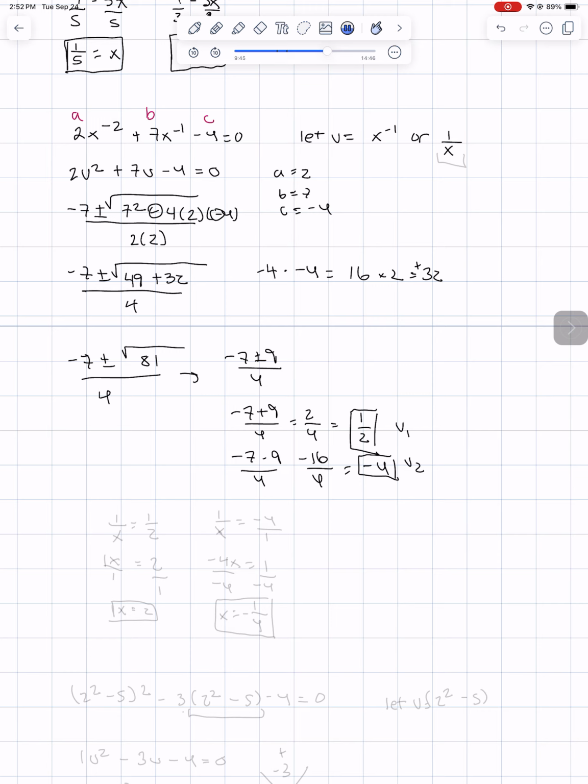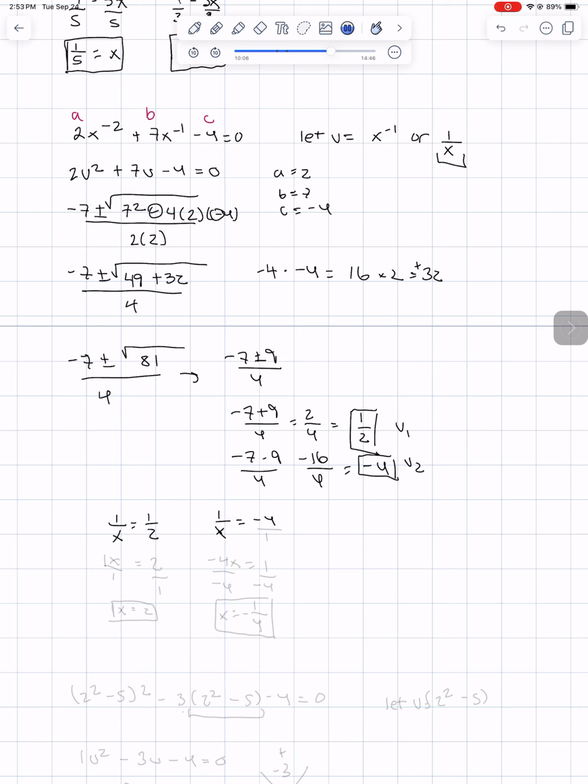But we're not done yet. We need to go back and see, okay, my u, we were letting u equal 1 over x again. So we do the same thing. So 1 over x equals 1/2. And then 1 over x equals -4.